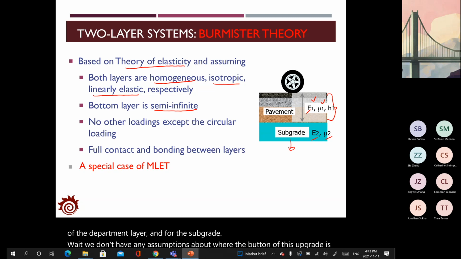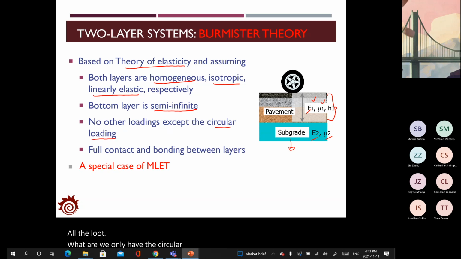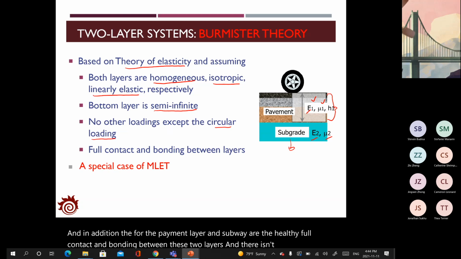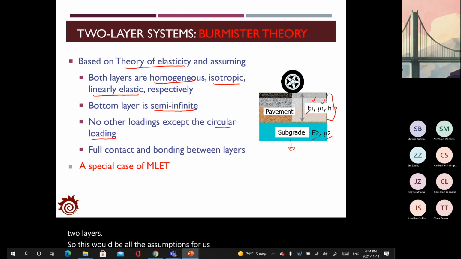In addition, we only have a circular load applied to the pavement structure. And the pavement layer and the subgrade layer have full contact and bonding between them, and there isn't any gap between these two layers. So these are all the assumptions for us to deploy the Burmister theory.